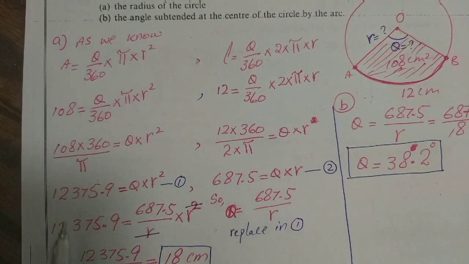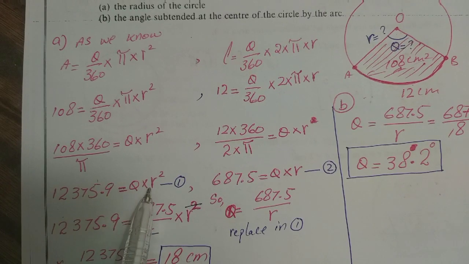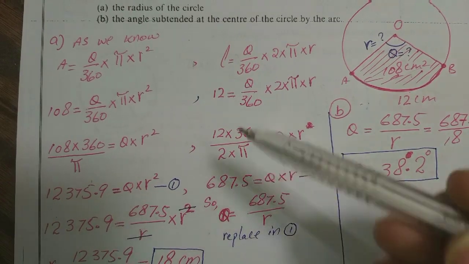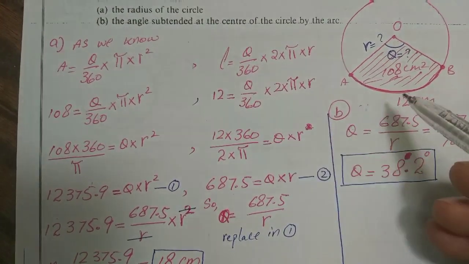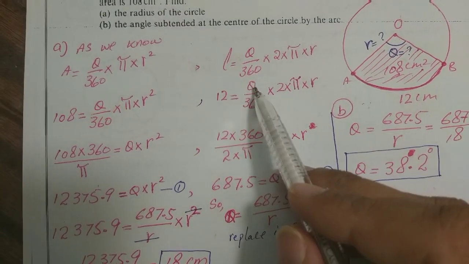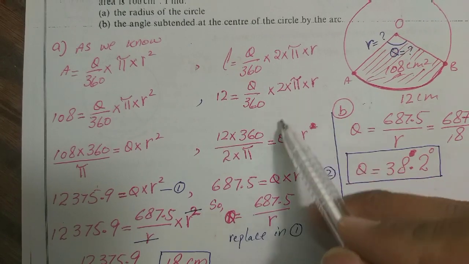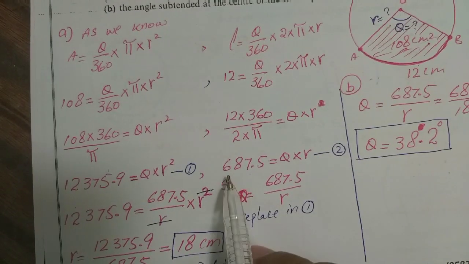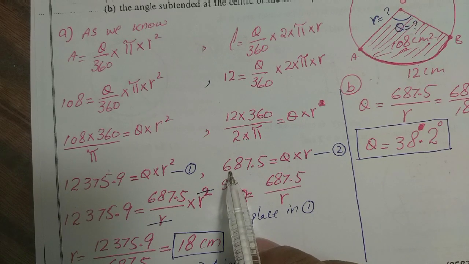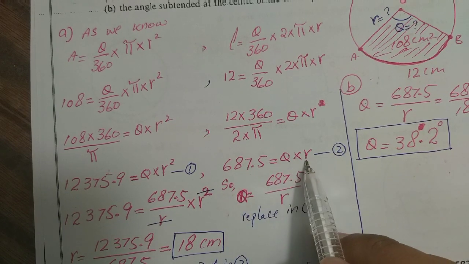I make the first equation, which is theta times r squared, and simplify for this. L we are given, the arc length is 12 centimeters, so I have another equation which becomes, after simplifying, 687.5 equals theta times r.